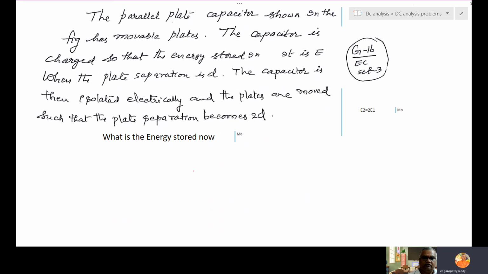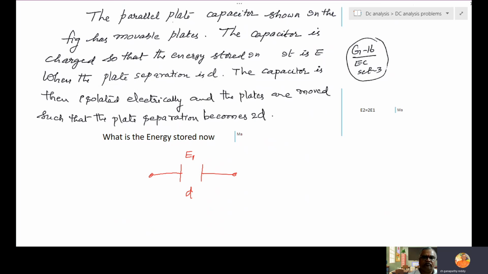What is the given data? The capacitor has a distance of D. What is the energy it is having? E1. The capacitor is charged so that energy stored in it is E and the plate separation is D. So that is case 1.